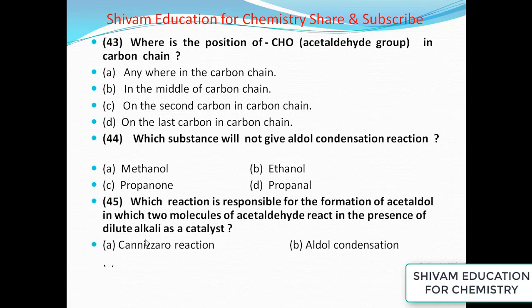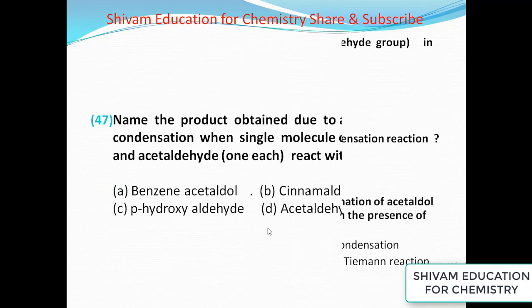When two molecules of aldehyde react and giving us a product. Now here acetaldehyde we have taken, it is same, only one type of aldehyde, and one type of aldehyde giving us a aldol condensation reactions. So acetaldol will be obtained from acetaldehyde by aldol condensation reaction.